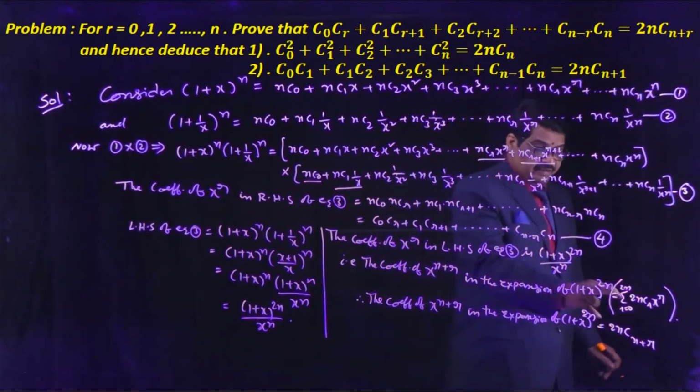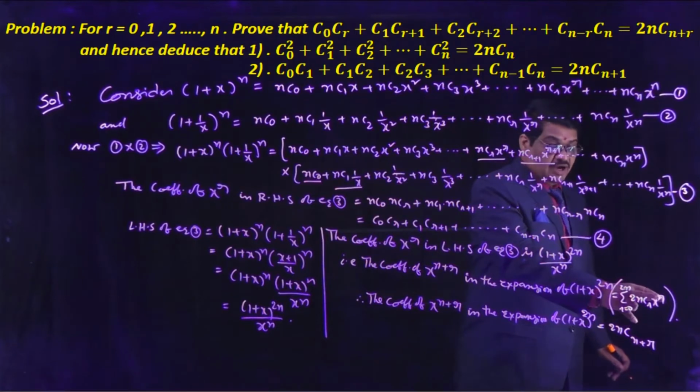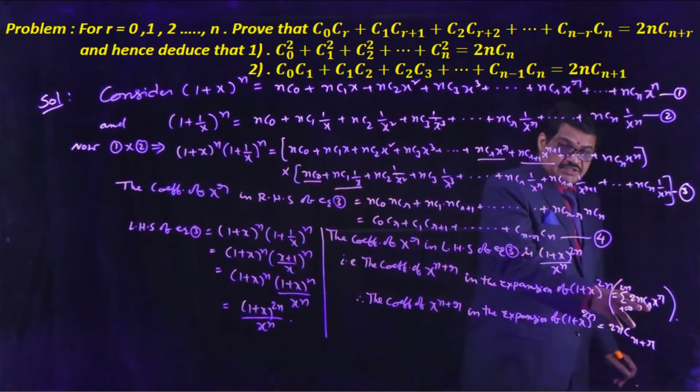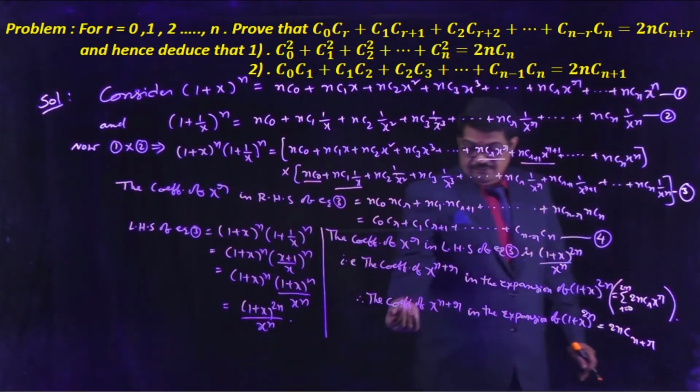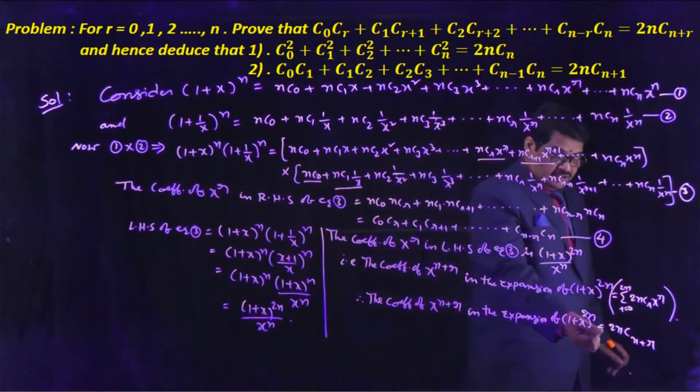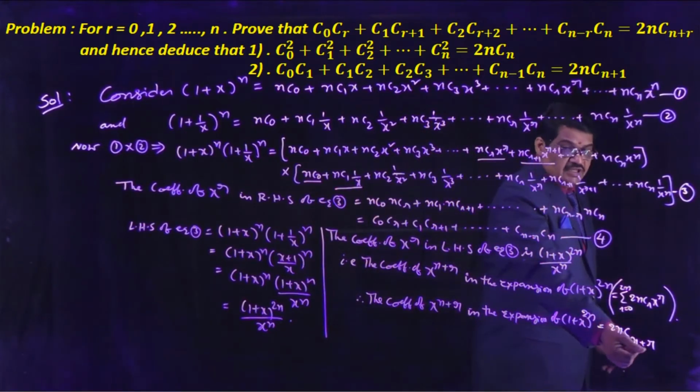Therefore the coefficient of x power n plus r in the expansion of (1 plus x) whole power 2n is equal to 2nC(n plus r).